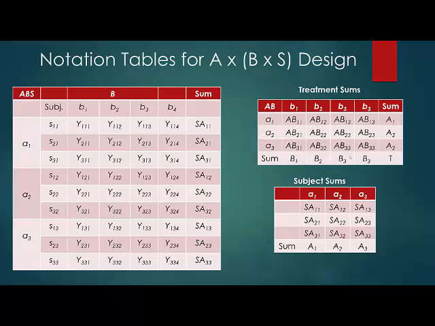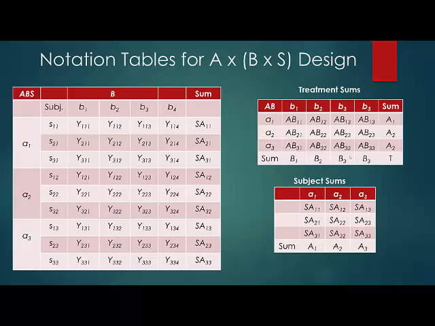And so for each of the cells within the table, that's the sum of all the scores within those combined categories. So each one of those cells is equal to the sum of the 3, or however many people, within those joint categories. So the first one, AB sub 21, that's the sum of all the teacher scores exposed to the first type of professional development training, or the whole school.